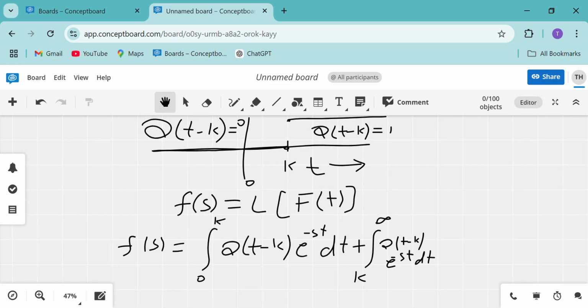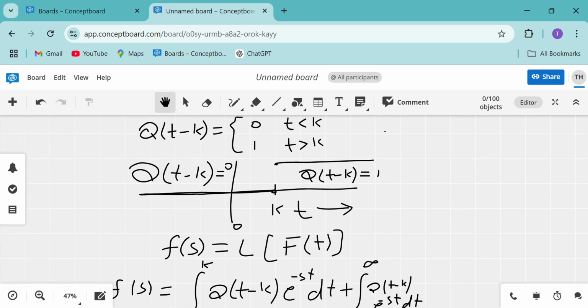Here you can see that our function is 0 when we move from 0 to k, and our function is equal to 1 when we cross the point k.